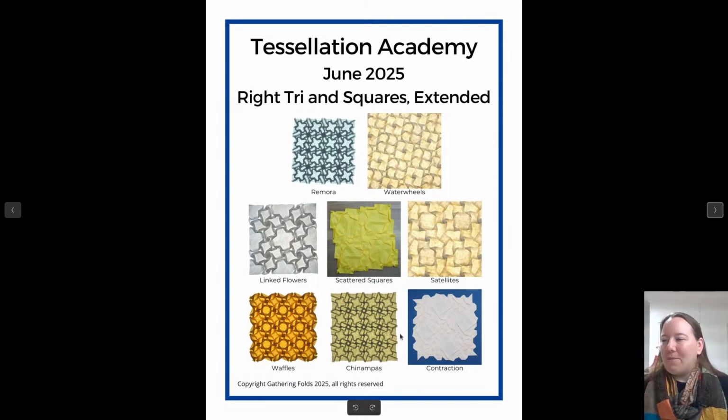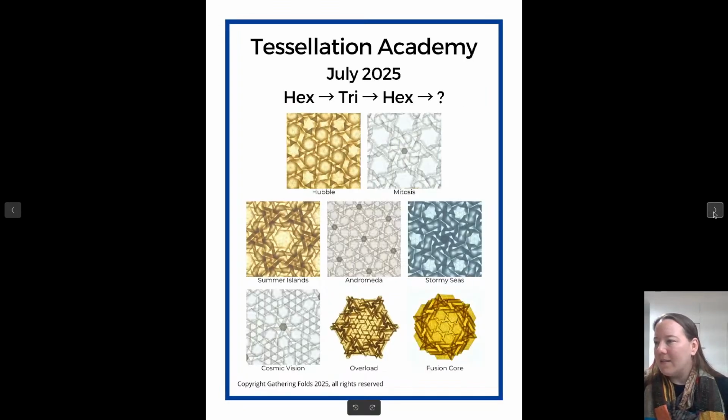So then we've got these extended patterns with square and right triangle twists that we'll be looking at next month. These hexagon, triangle, then hexagon again, and then some other things going on. We have all kinds of different ways of doing that. This summer, I'm really focusing on exploration of different tilings.